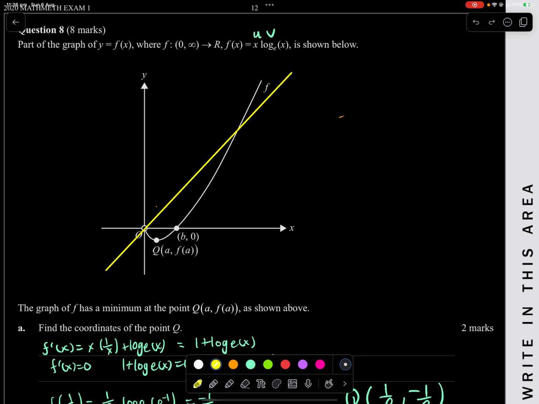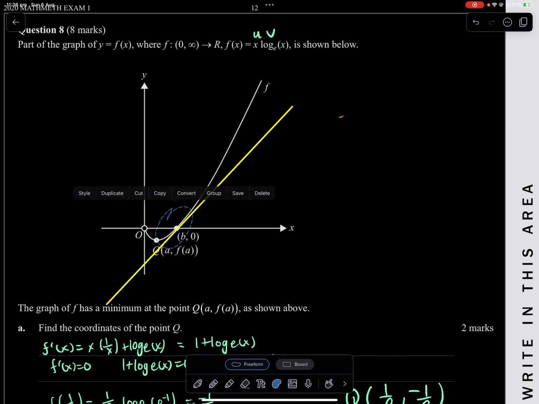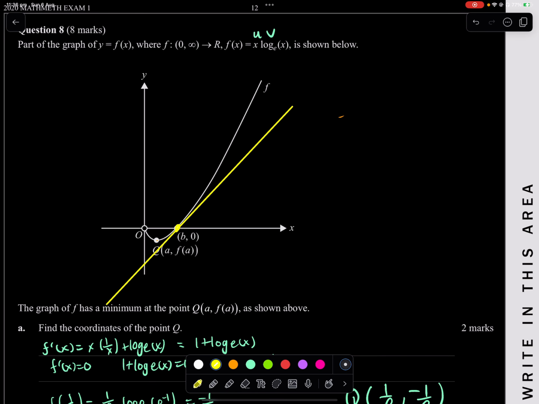Aha, I see what I was doing. I was letting the gradient of that give me this point over here, some point over here, which was e.